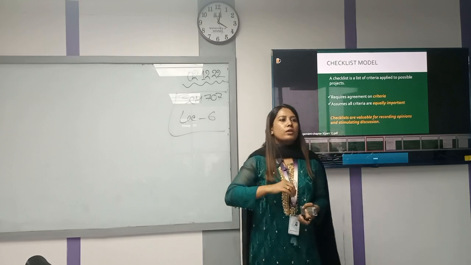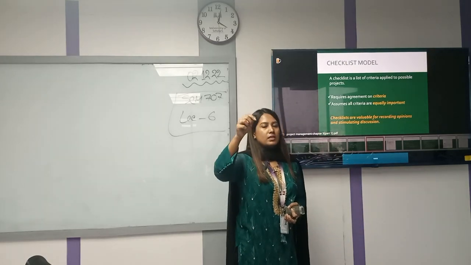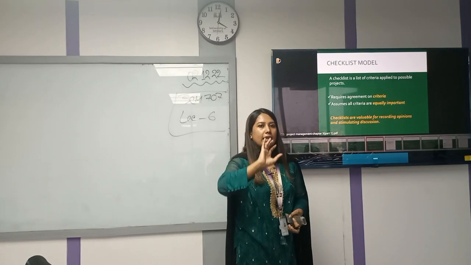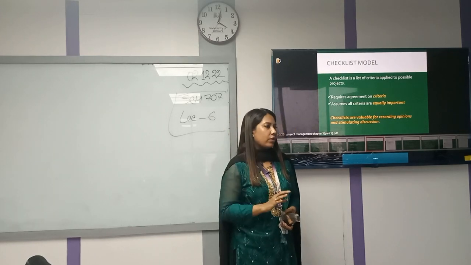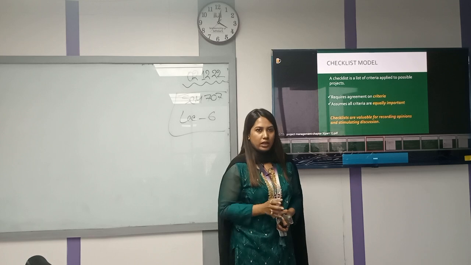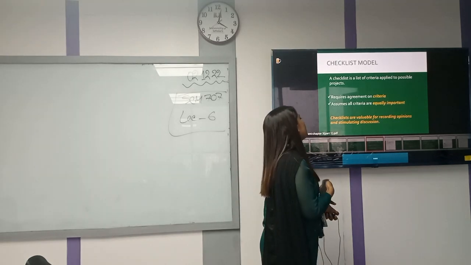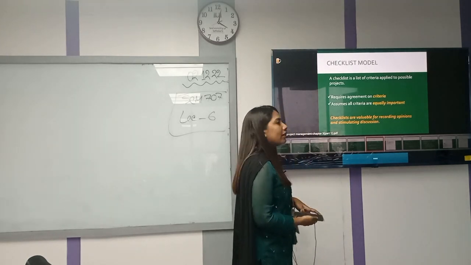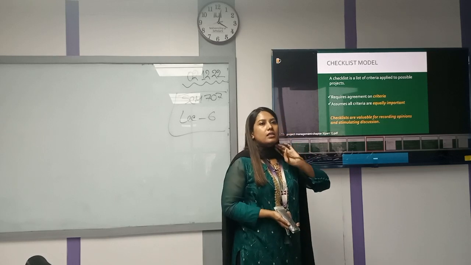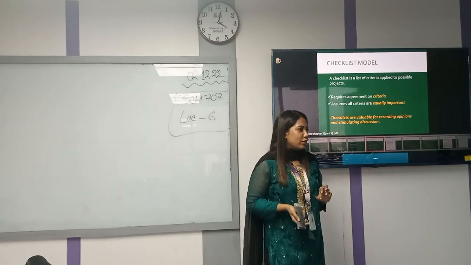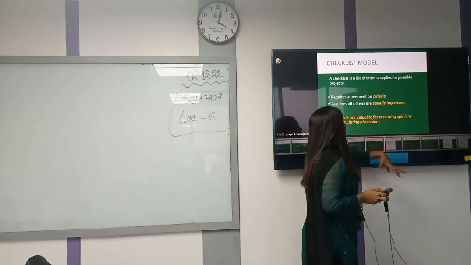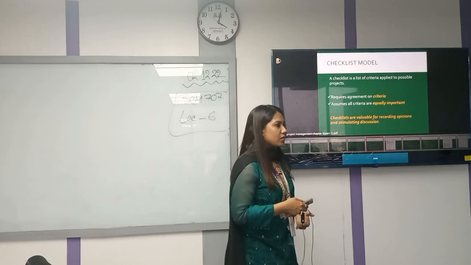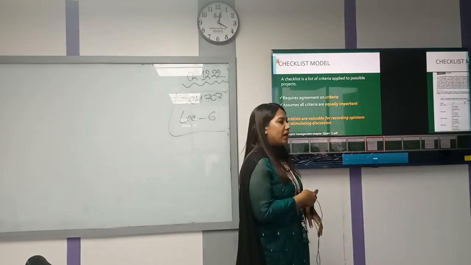Based on those, you give your judgments that this is important, this is important. Here you decide who has high, low, medium performance. So everything is very judgmental or subjective. That is basically a checklist model. This kind of model is not the best model to screen your projects. It can be valuable only for recording opinions and discussions, but it is not the best of the models.